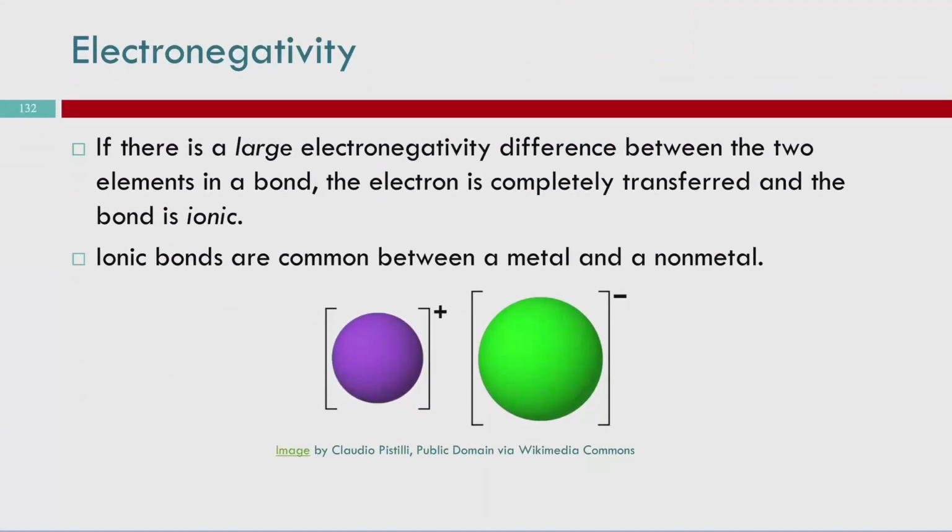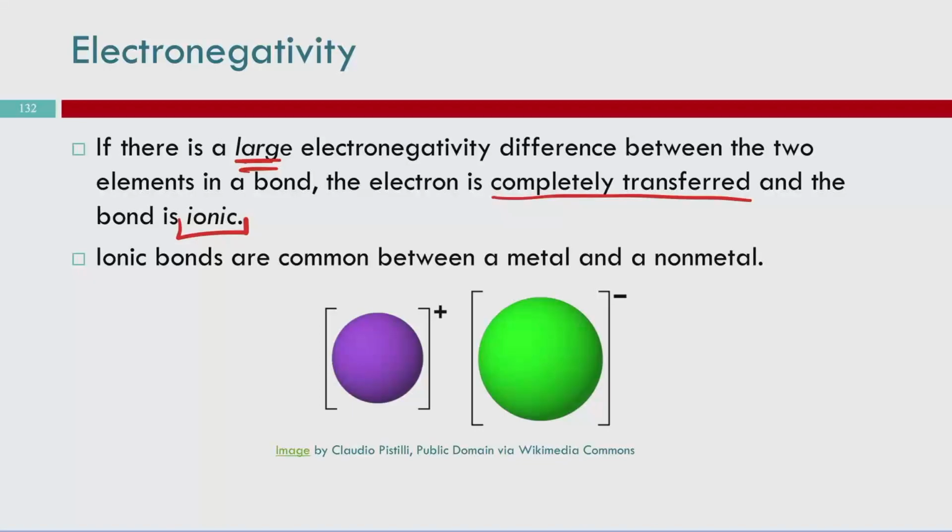If you get a very large electronegativity difference, bigger than the polar covalent bonds that we were looking at before, the electron is transferred. And the bond is called ionic.